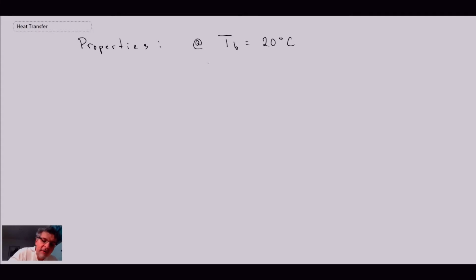So the property that we have to look up in a table is the thermal conductivity of water, doing an interpolation.